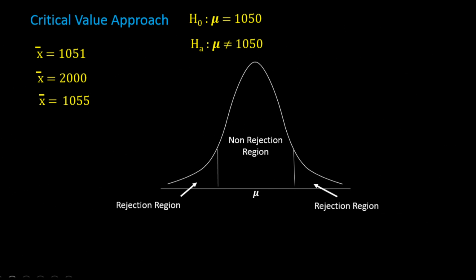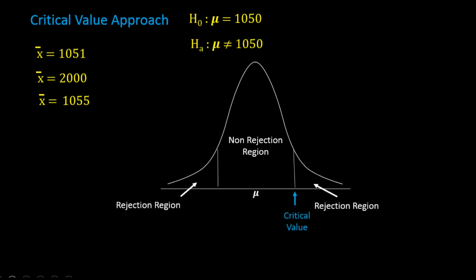But here's the problem. Where is the point where the sample mean is too far away from the hypothesized mean that we no longer believe that it is true? Is it a sample mean of 1060, 1070, 1100, 1200? In other words, where is the cutoff point where we will no longer believe that the true mean is 1050 hours? In hypothesis testing, that cutoff point has a name, and it is called a critical value.